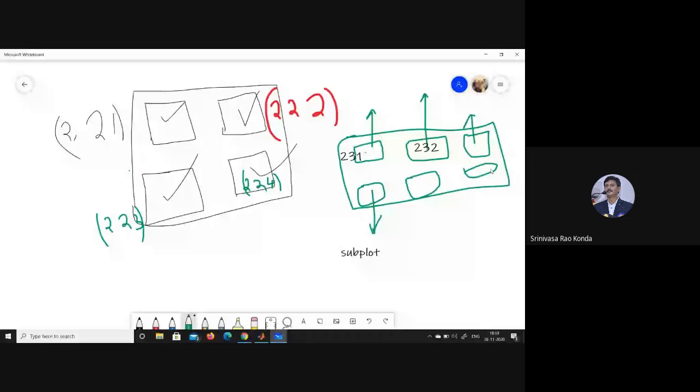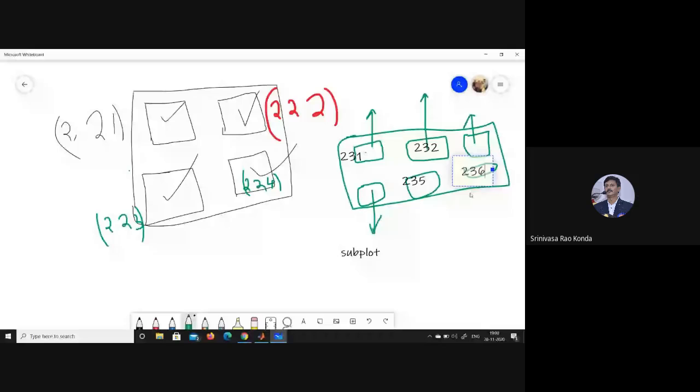Like that, we have to insert. We have to tell to the 2 3 5. This is 2 3 6.